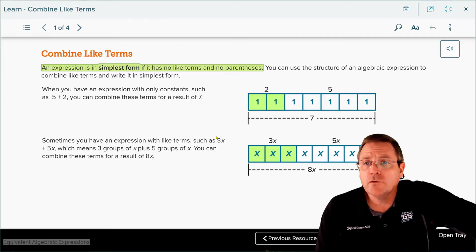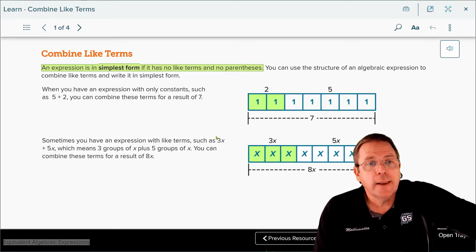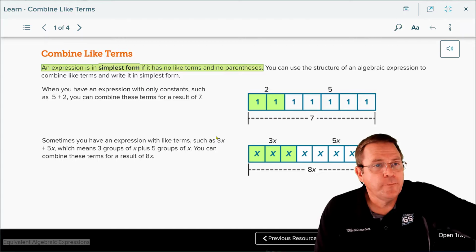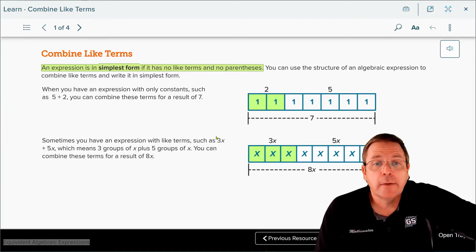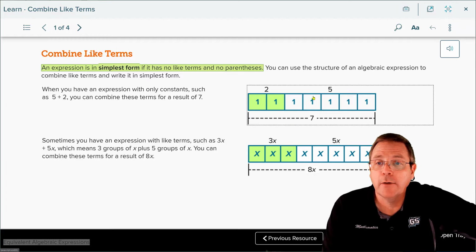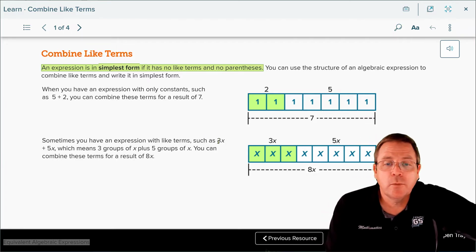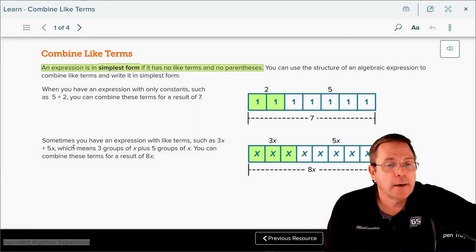You can use the structure of an algebraic expression to combine like terms and write in simplest form. When you have an expression with only constants, such as 5 plus 2, you can combine these terms as a result of 7. Sometimes you have expressions with like terms, such as 3x and 5x.